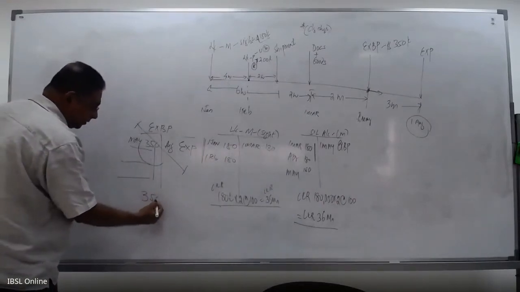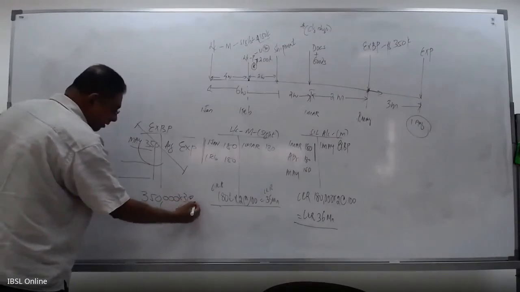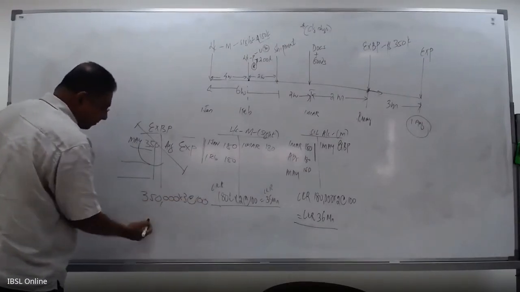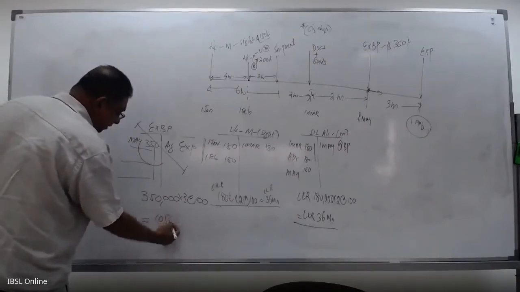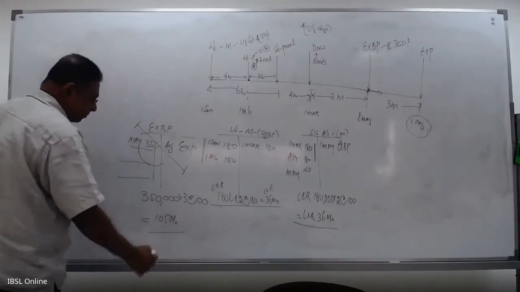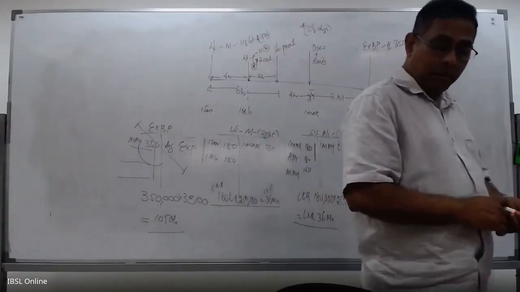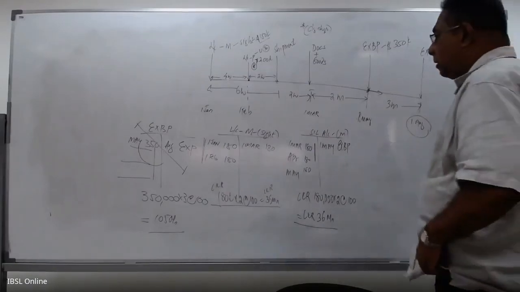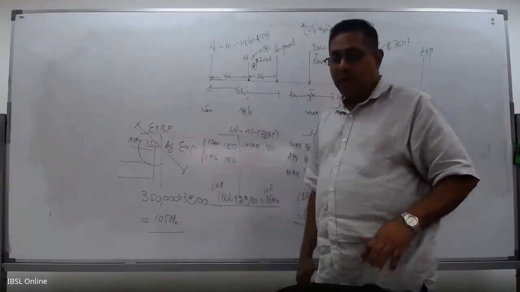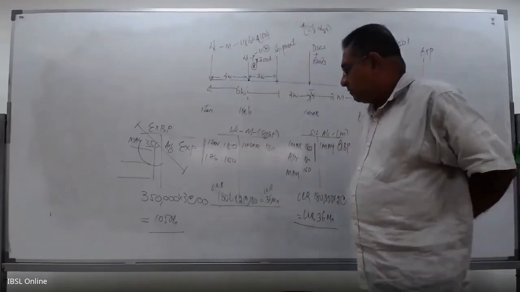The other 50,000 into 3 at the rate of 100, 105 million. Right. So the next facility is the export bill purchasing facility.